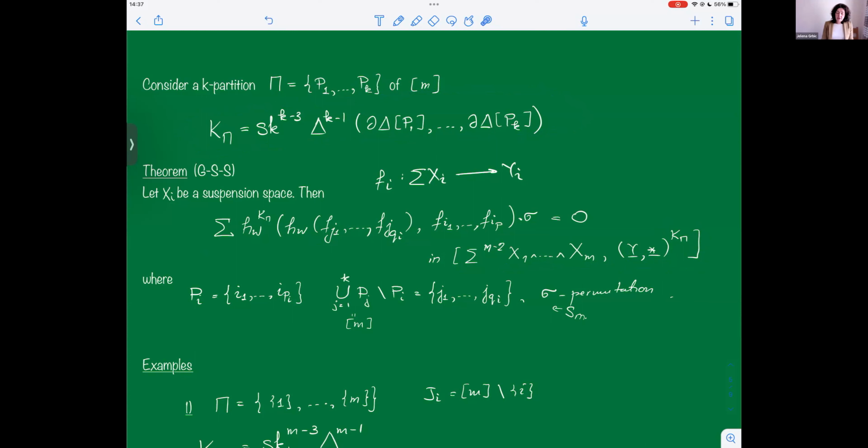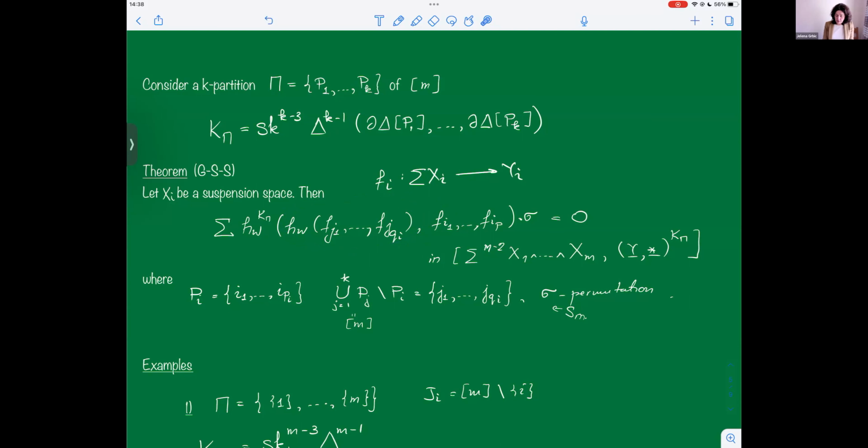Okay, so what is interesting here is that before, we had a high Whitehead map in the Hardy identity, and just one of these coordinates was an arbitrary map.